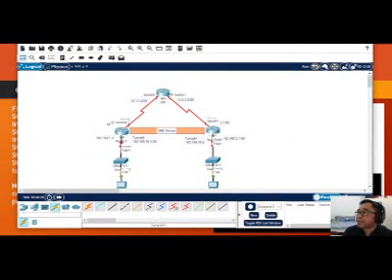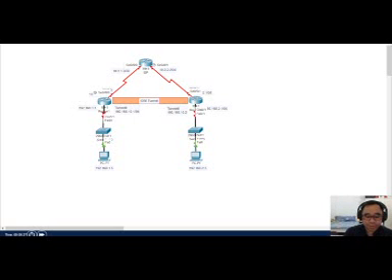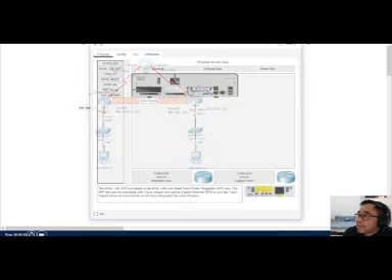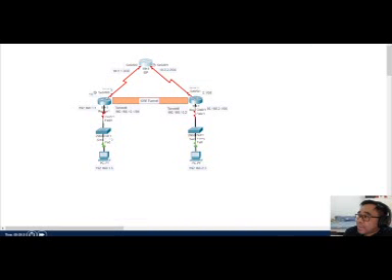I have here a Packet Tracer file. What we have here is one router as the ISP, and two routers where we're going to configure a GRE tunnel, and we have a switch. Each router has a PC connected to it.